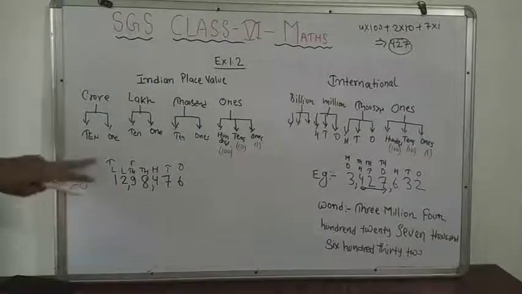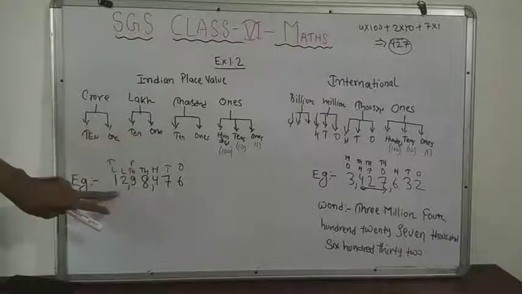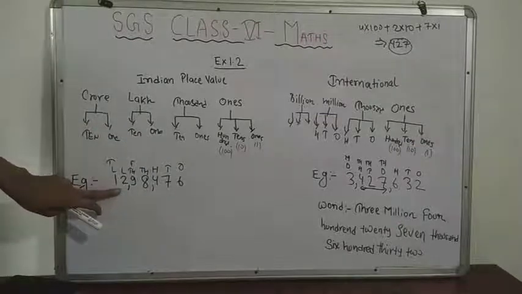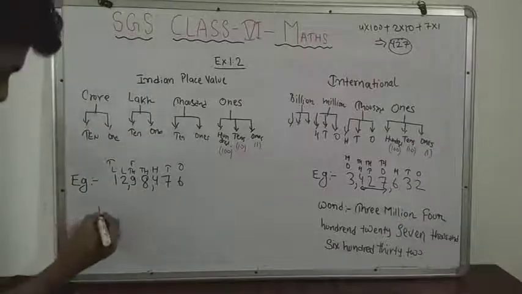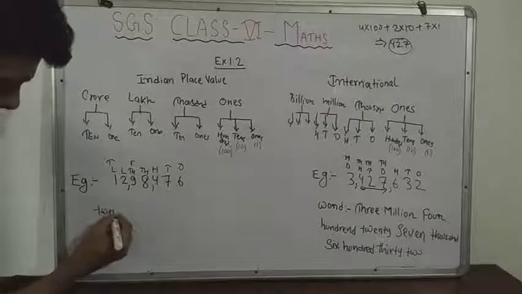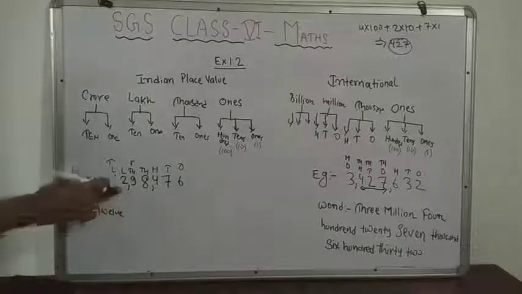When lakh and 10 lakh, these two digits, are combined, we can say 12, and these digits come under which place?